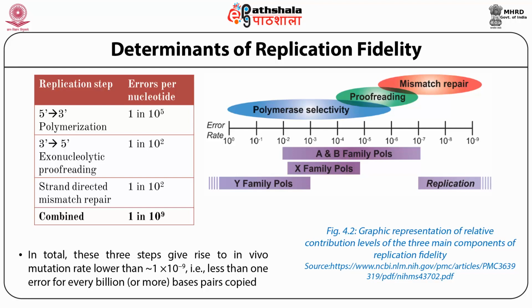In total, the three steps provide a combined fidelity of 1 error in 10⁹ nucleotides synthesized by the DNA replication machinery.